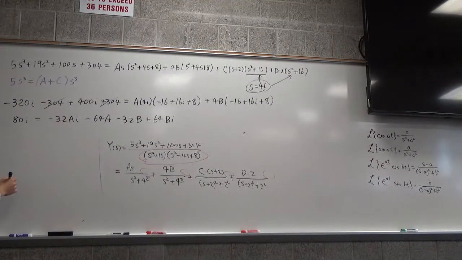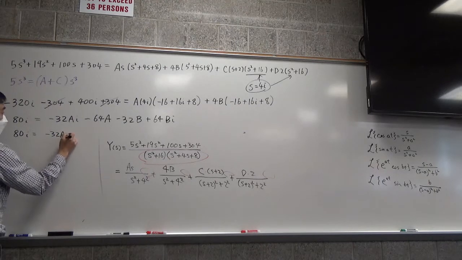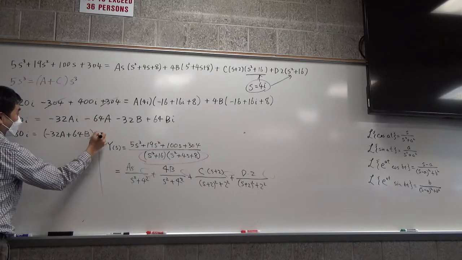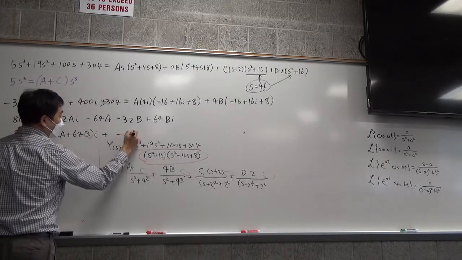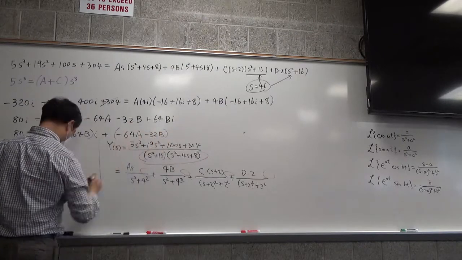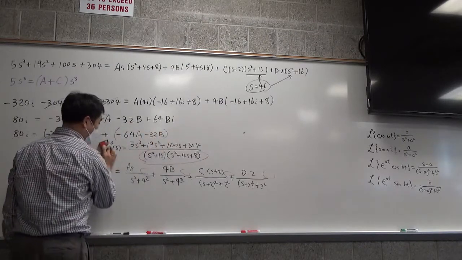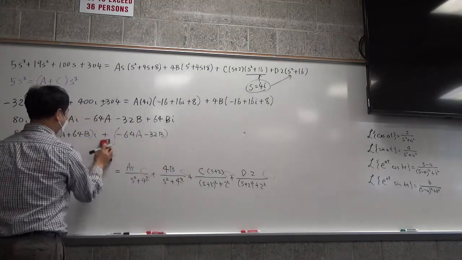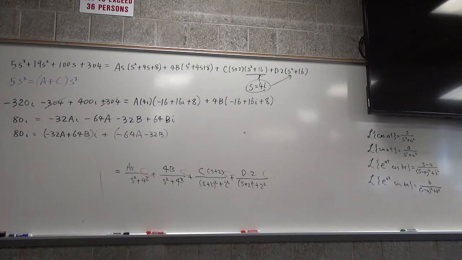And then combining the two, we see that 80i should equal negative 32a plus 64b times i plus negative 64a minus 32b. Oh, I still need to save this because we'll forget what these are. Okay, so what do you see? You see that this must equal 80, right?